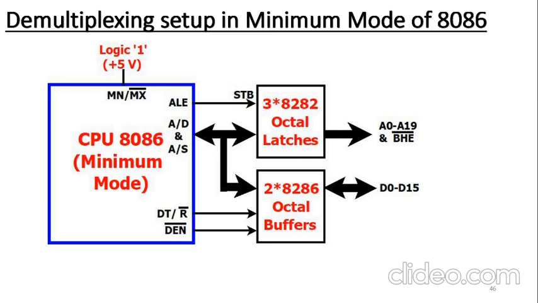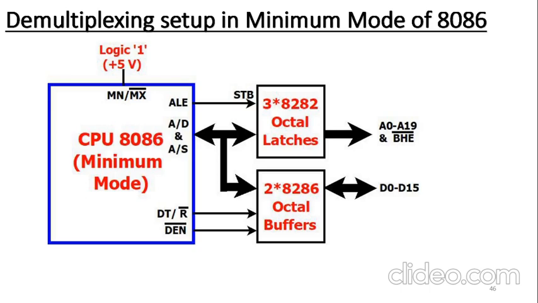And during the T1 state, the address 0 to 19 and the BHE bar signal given out by the processor will be strobed inside those latches, and will be available at the output. So at the output of the octal latches, A0 to A19, 20 bits of address, and one control signal, bus high enable BHE bar, will be available.